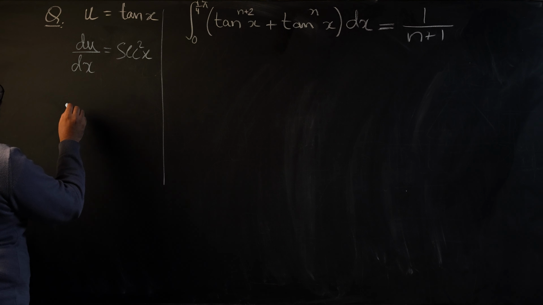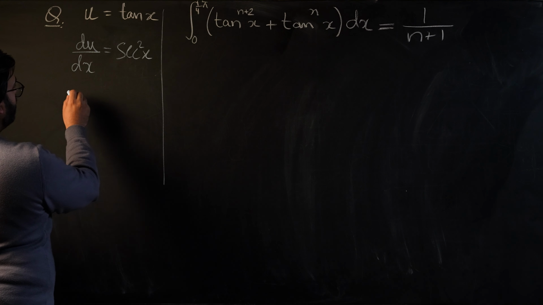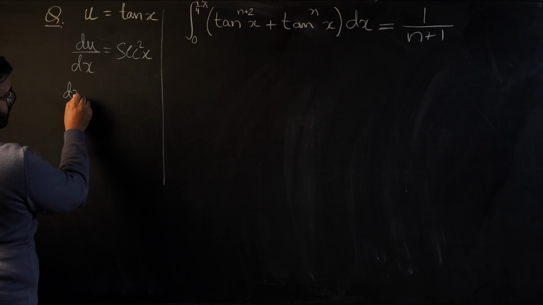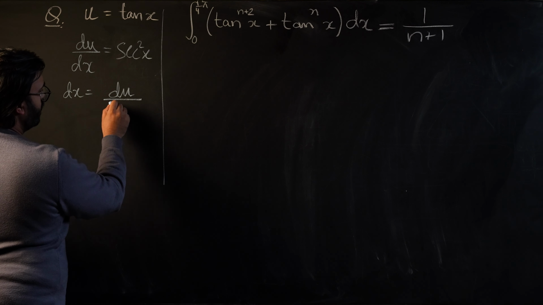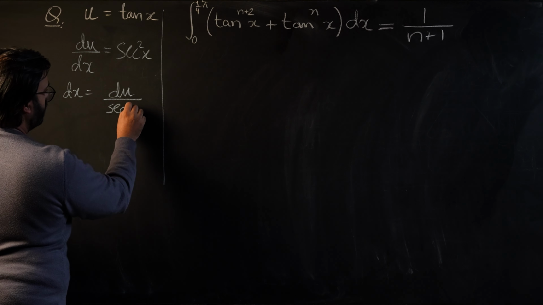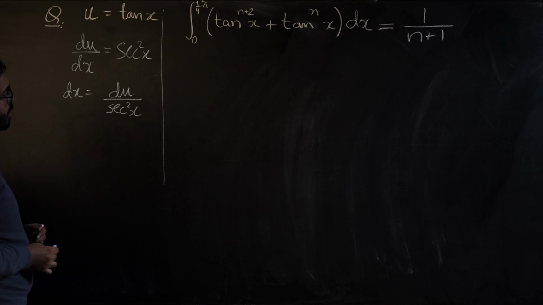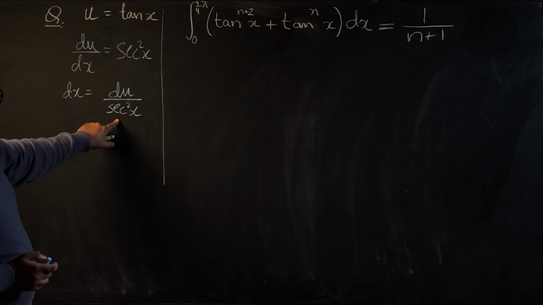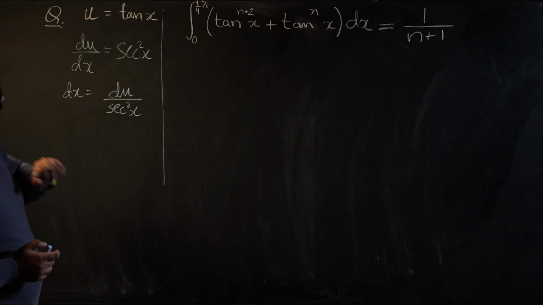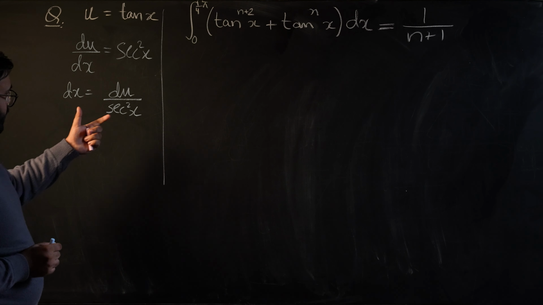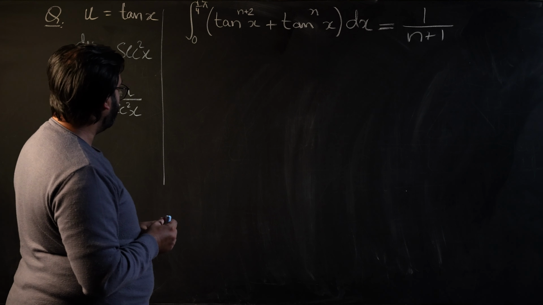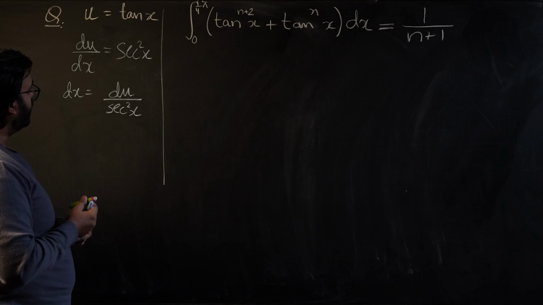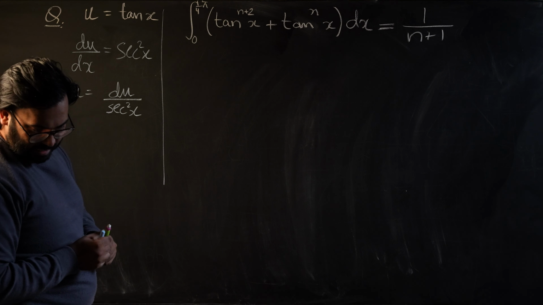And once you cross multiply and make dx subject, it would be du upon secant squared x. So I've made dx the subject, and that is du over secant squared x. So let's place this over at that position, and we will be able to see what happens next.